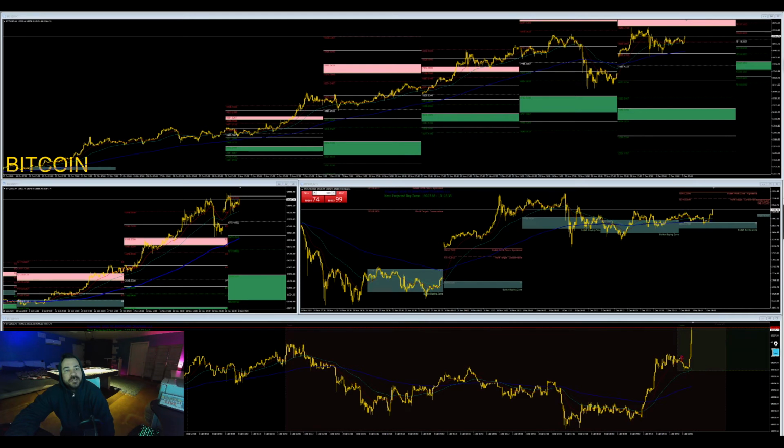Yeah, so this is what I was talking about with Bitcoin. We were failing to go lower, and now suddenly this. You can see it showing up right up in here on the 15-minute chart. Let's see if it breaks higher on the hourly chart. Still riding the 21 on the 4-hour.